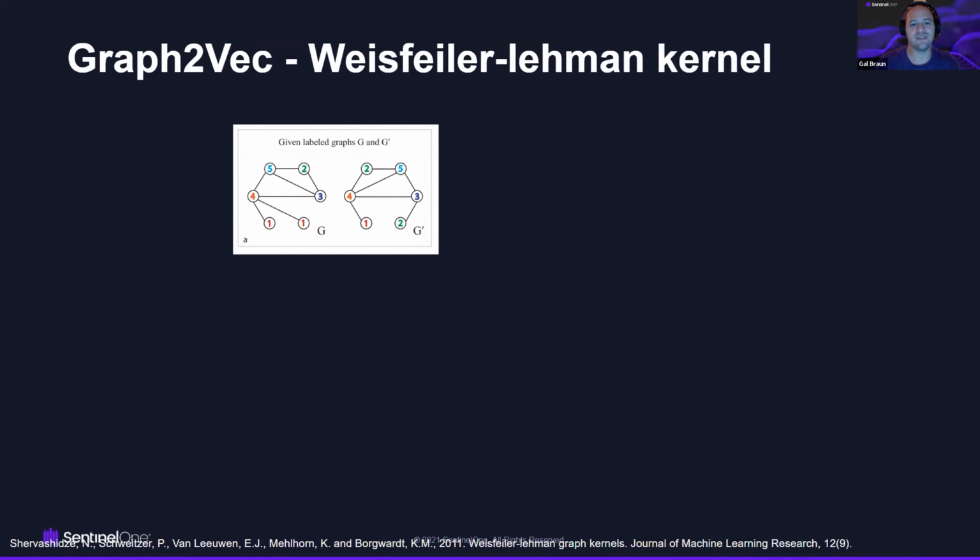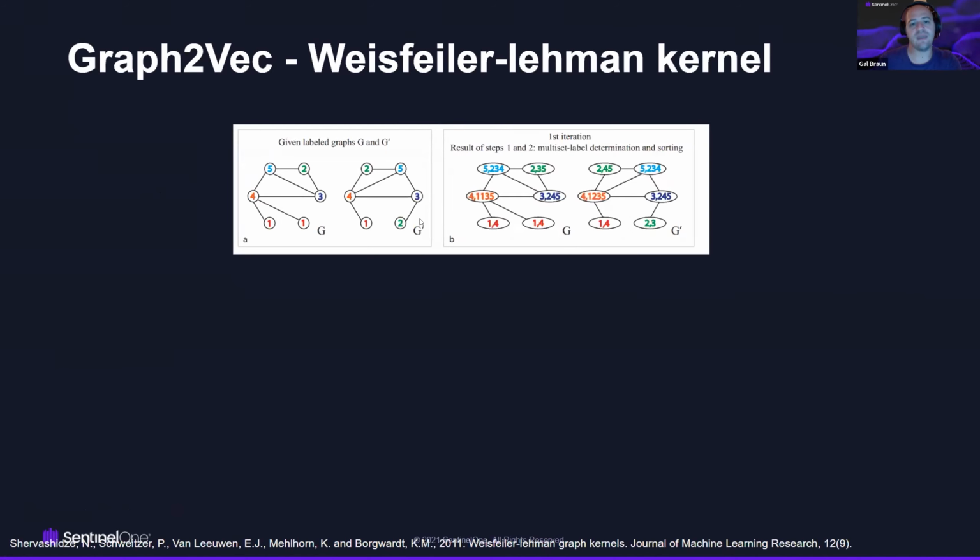So how does it work? We have here two sample graphs, which we want to understand their internal structure and decompose into subgraphs. We can see that each node has some label. In our case, each one of these labels can be, for example, the type of the entity, like 5 can be a process and 2 can be a file. The basic idea is that each node will compute a new label that will represent its neighborhood.